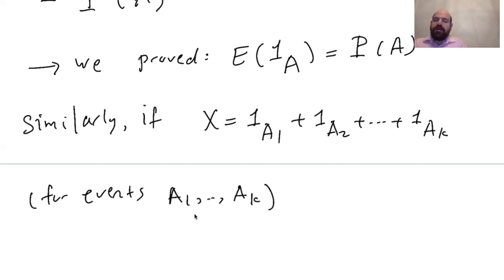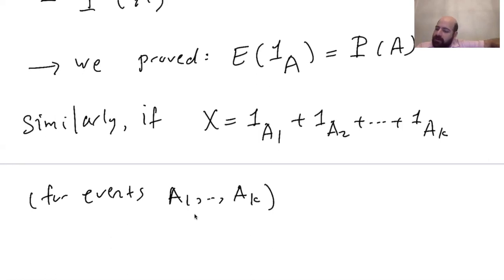We know that expected value is linear, so the expected value of X plus Y is equal to the expected value of X plus the expected value of Y. Therefore, the expected value of the sum of these random variables is the sum of the expected values, and each expected value, as we just showed, is the probability of Ai in this notation.